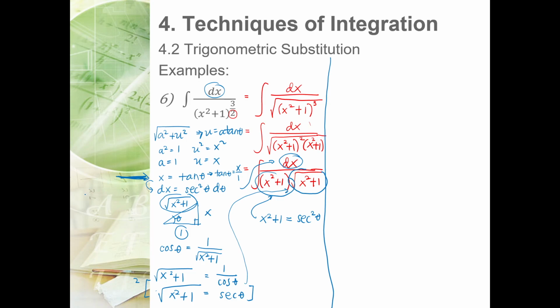So what we're going to have is tangent squared theta plus 1, right? Then notice that this term here is a Pythagorean identity, again coming from the previous slides. So tangent squared theta plus 1 is equal to secant squared theta. So this term here can also be represented by secant squared theta, which is true as we verified earlier.